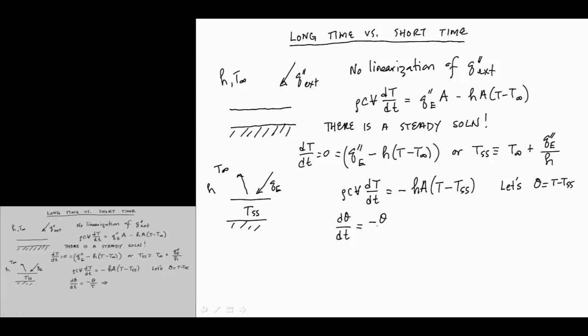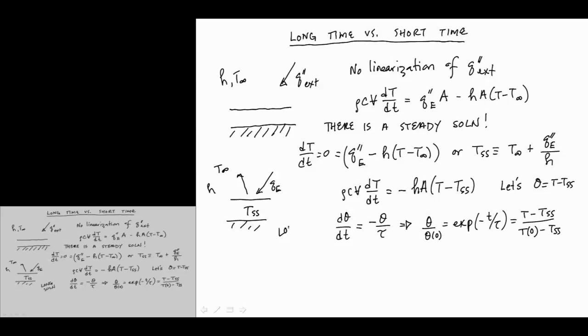So the solution for this is theta over theta 0 is equal to exponential minus t over tau. No big surprises there. It's very similar to what we had before, just with the interpretation that this is T minus T steady state divided by T0 minus T steady state. And so again, this is our long time solution. So the long time solution has this log dependence like we had before.